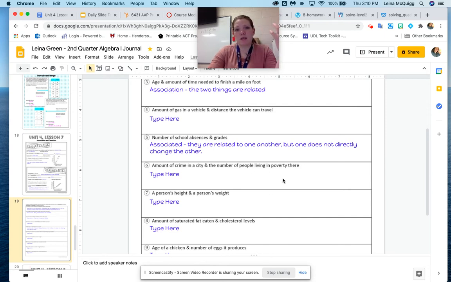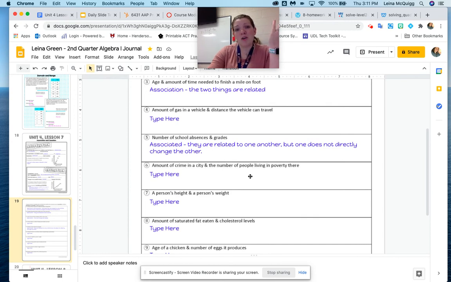I think again these are probably associated, and maybe do you think they could cause one another? Could the number of people living in a poor community cause the crime to increase?